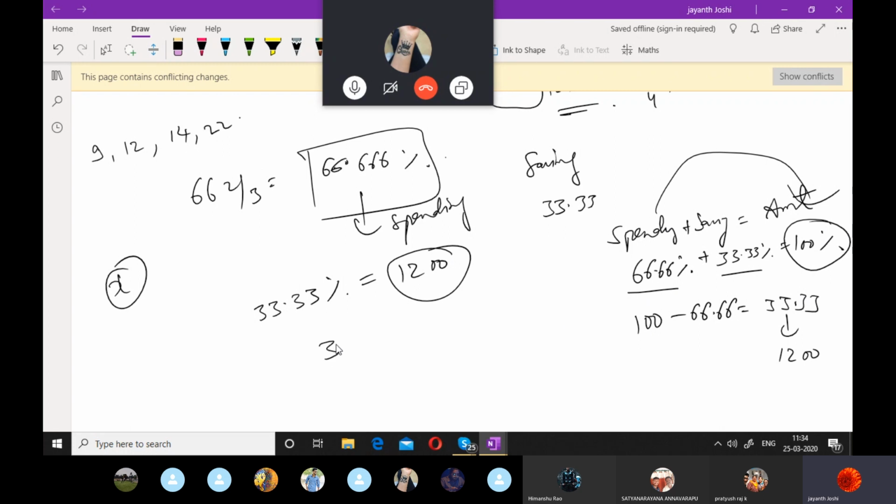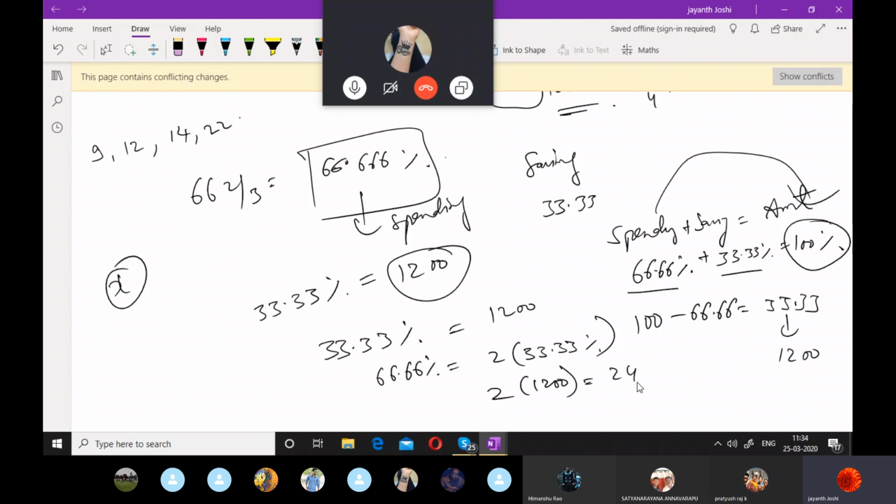So, when 33.33% is 1200, 66.66 will be how much? 2 into 33.33%. That is 2 into 1200, that is 2400. So 2400 is his spending.